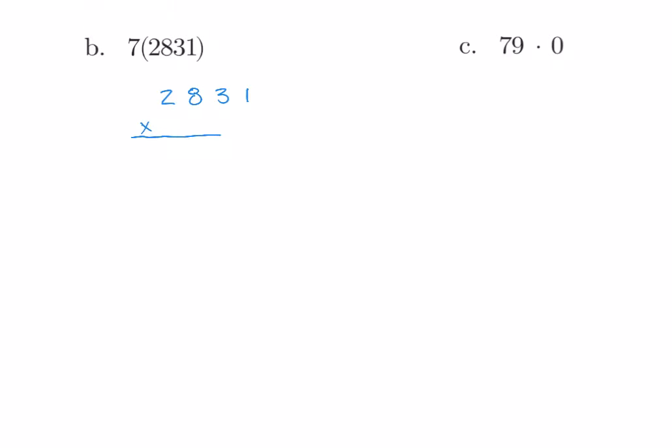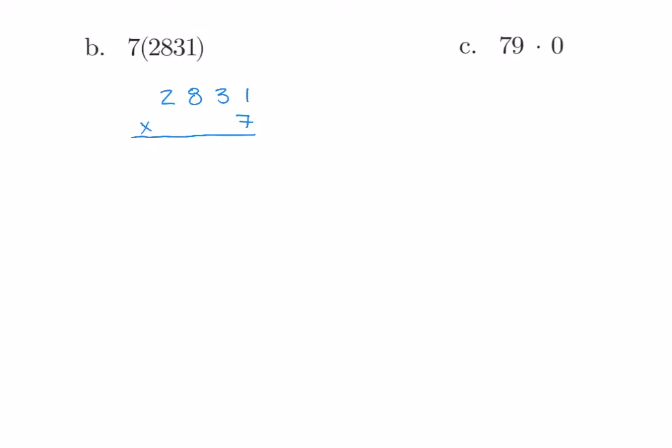All right, let's step it up just a little bit. B, we have 7 times 2,831. Again, I want to put my larger number on top, my smaller number on bottom. We're going to go ahead and multiply, starting on the right, each digit on top by 7.